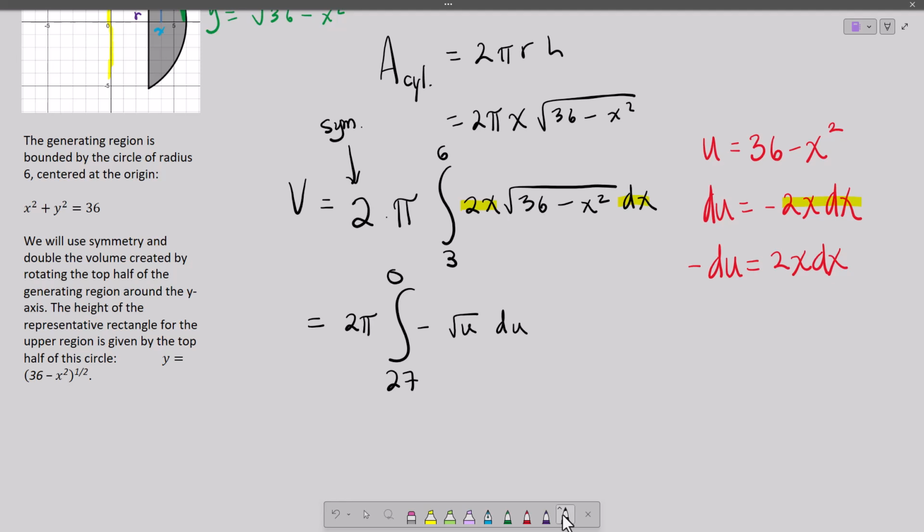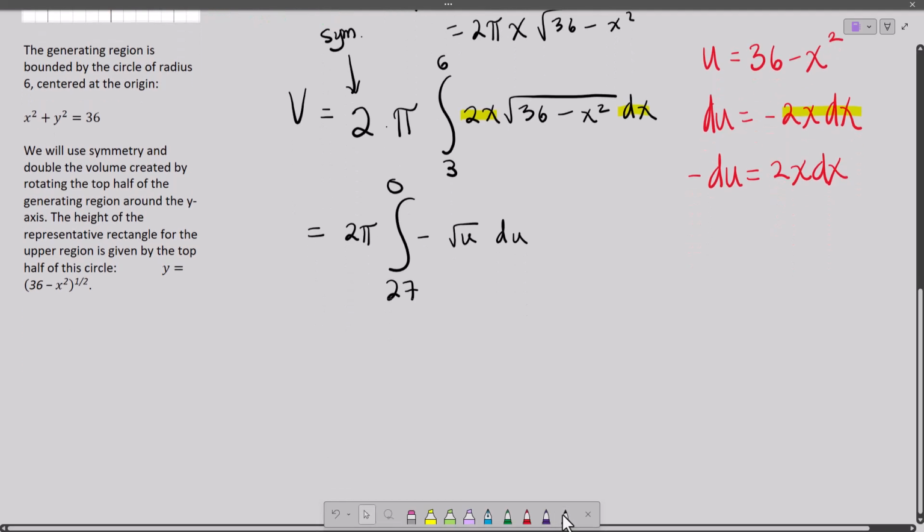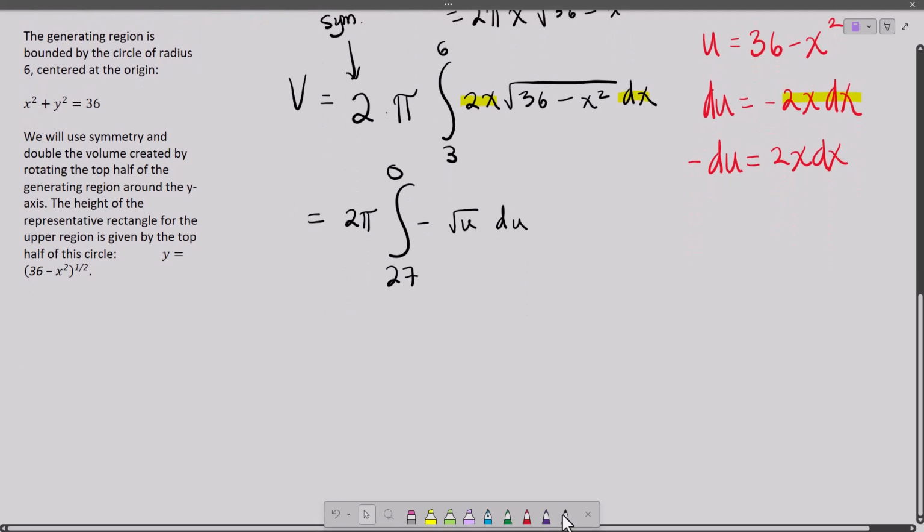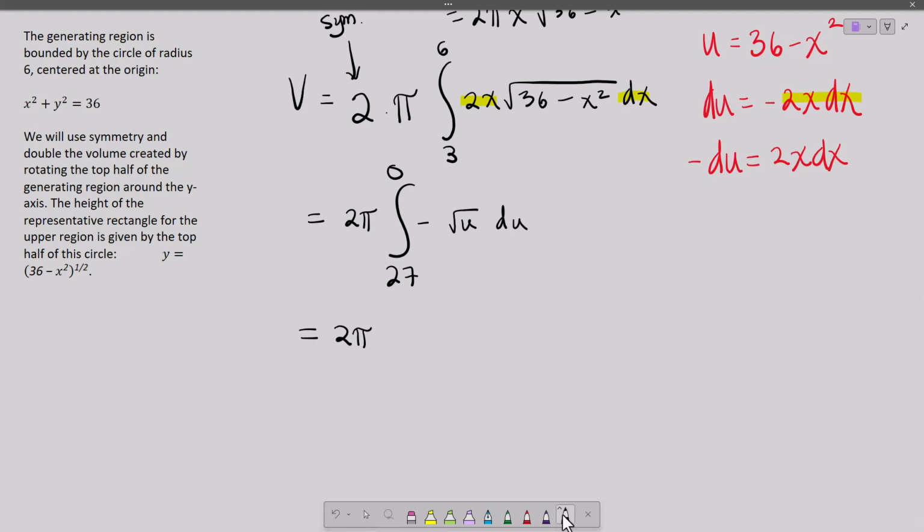27. Now, just as a refresher from Calc 1, do you agree that I could do this? I don't like having these integral limits backwards, going from 27 to 0. It's like looking in the rearview mirror for too long. Doesn't feel right. So 0 to 27, but then what do we have to do? Multiply by negative 1, and that will just take away this minus 1 right there.